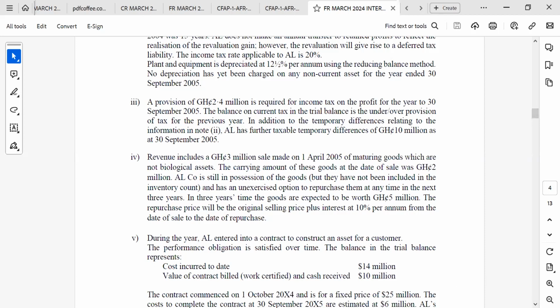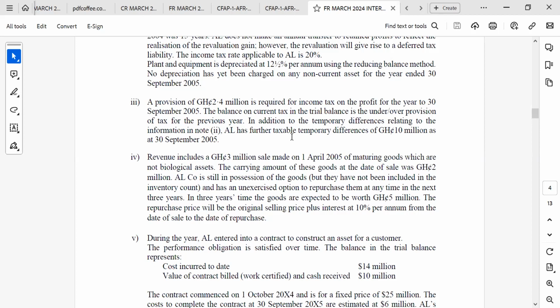AL Co is still in possession of the goods, but they have not been included in the inventory count, and it has an unexercised option to repurchase them at any time in the next 3 years. In 3 years' time, the goods are expected to be worth 5 million cedis. The repurchase price will be the original selling price plus interest at 10% per annum from the date of sale to the date of repurchase.